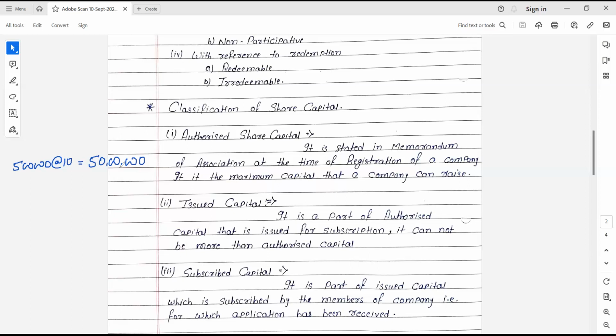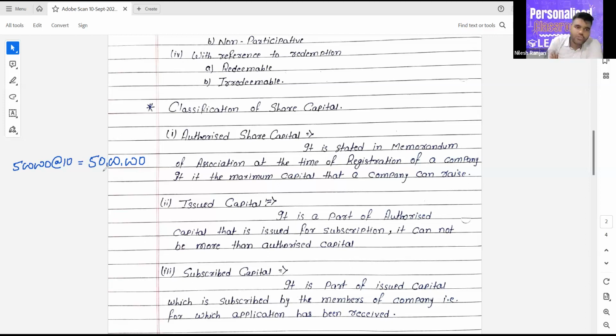So whenever they need it, they will issue some part of it. Let's say they issued 2 lakh shares, because the example is the same as our shopkeeper example, so we are using the figure. So 2 lakh shares at the rate of rupees 10, so a total of 20 lakh rupees of shares are kept for sale.